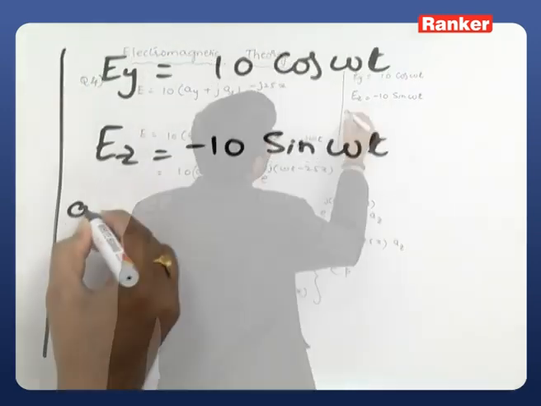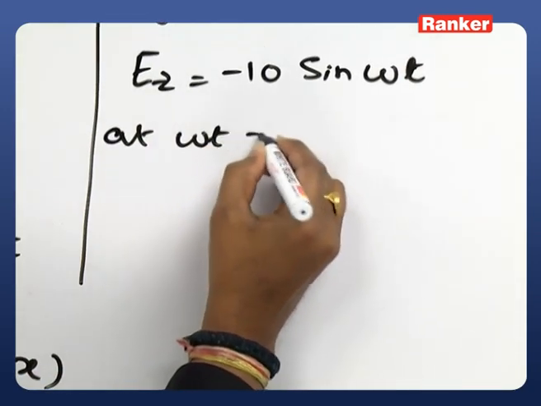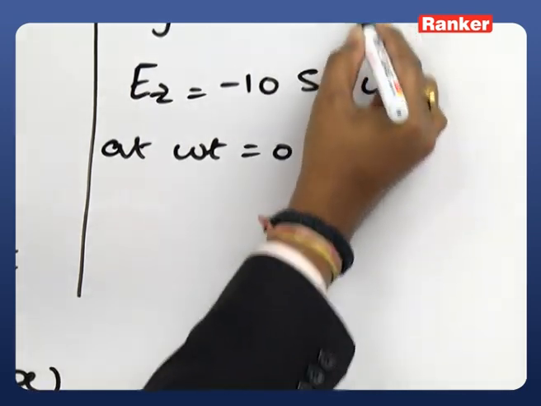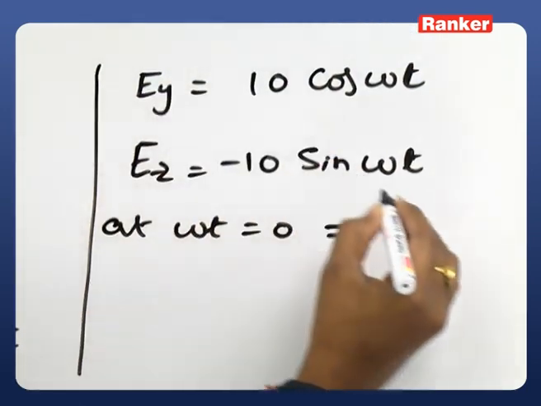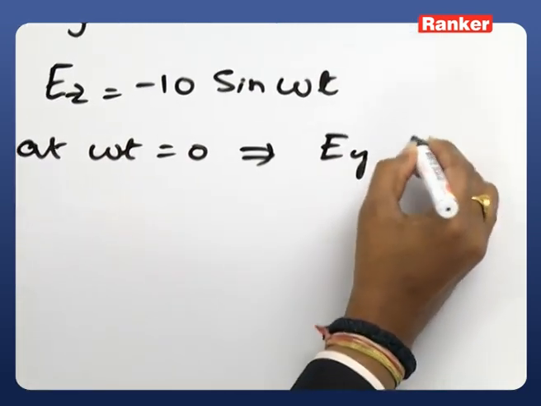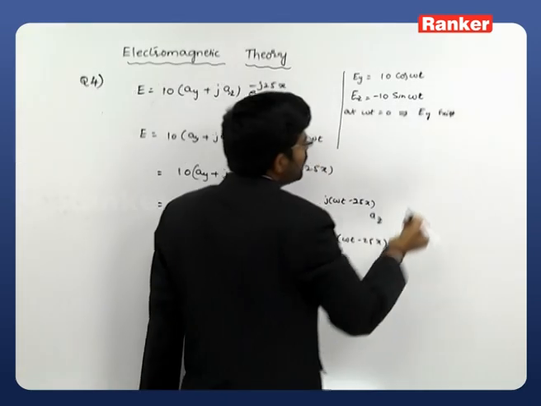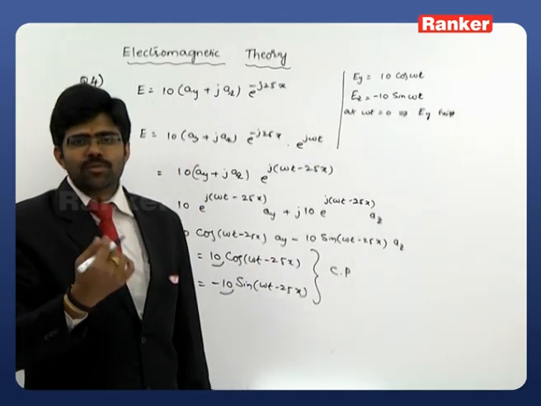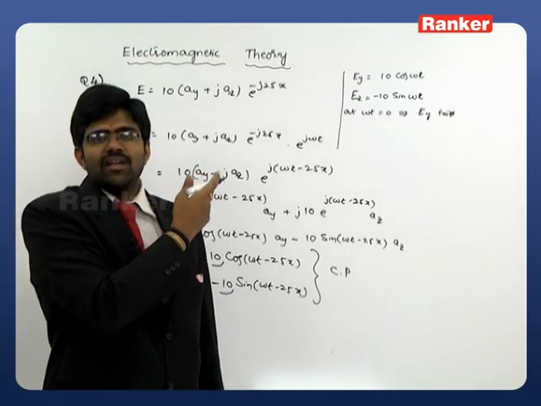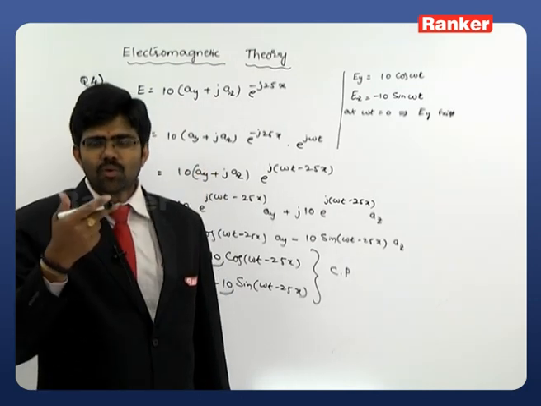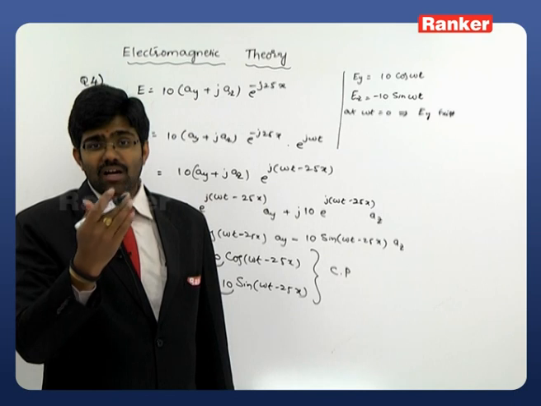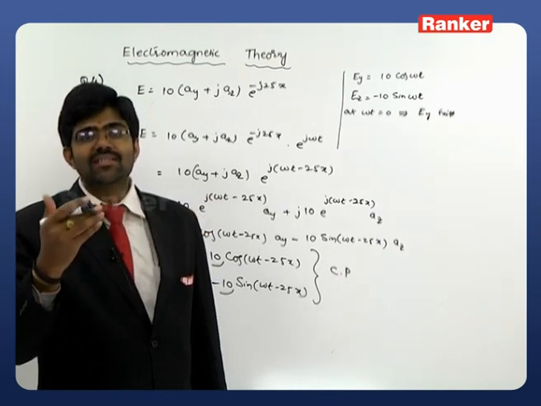So if omega t is equal to 0, then clearly if you observe, among these two only Ey will exist. So initially the electric field will be along the y direction only, and then the time moves on, that is we are increasing the time.